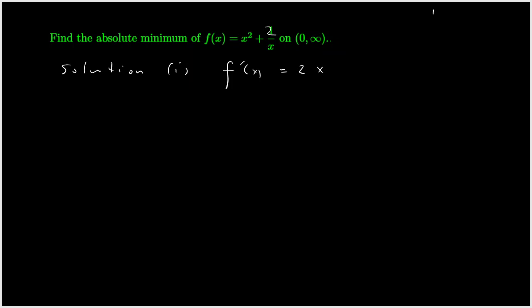The derivative of 1 over x, I told you to memorize, because you are going to see this over and over again. The derivative of 1 over x is negative 1 over x squared. And you differentiate the second term, you leave out the constant of 2, you have negative 2 over x squared, right? So differentiate the function.